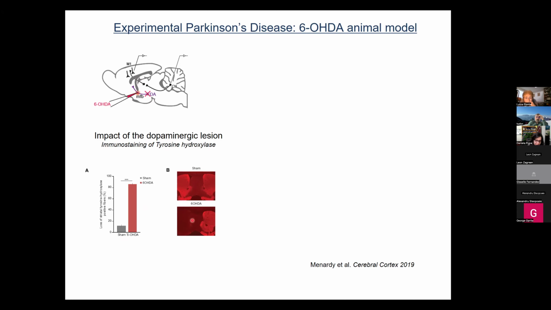And here we can see this diminution of the tyrosine hydroxylase in the striatum unilaterally, since we only inject on one side. And this diminution has an impact on motor activity.